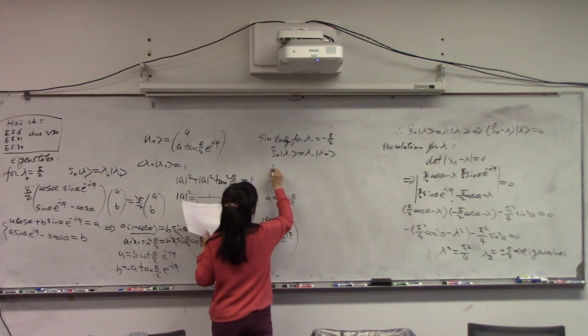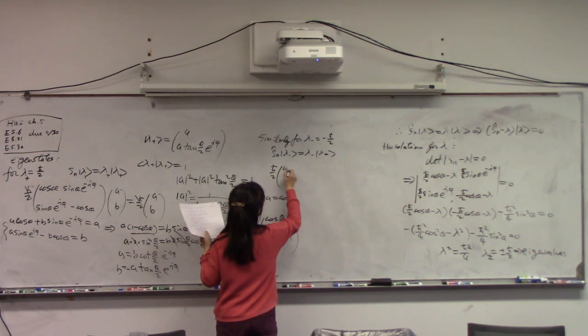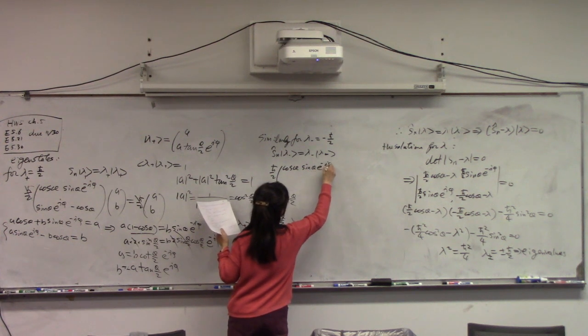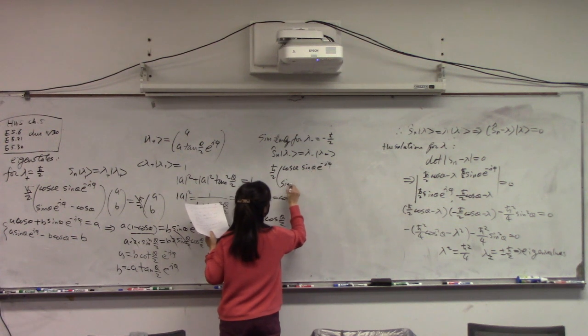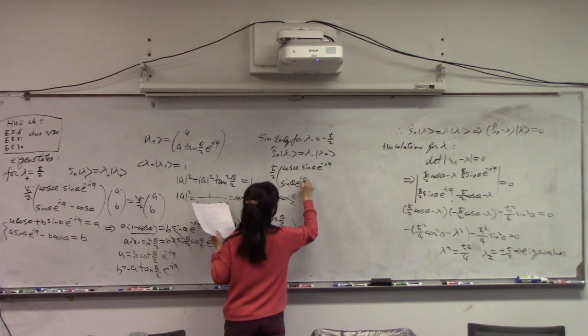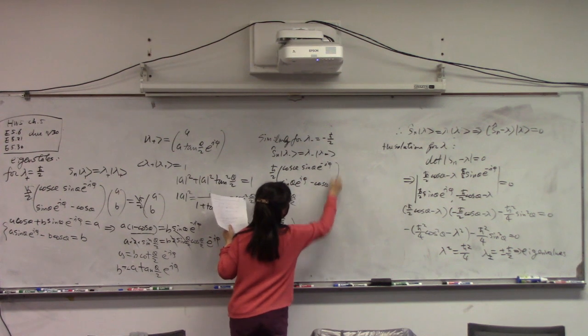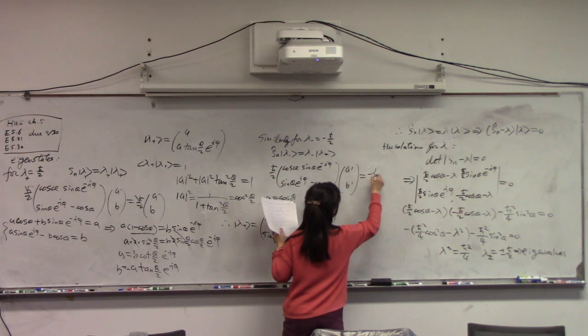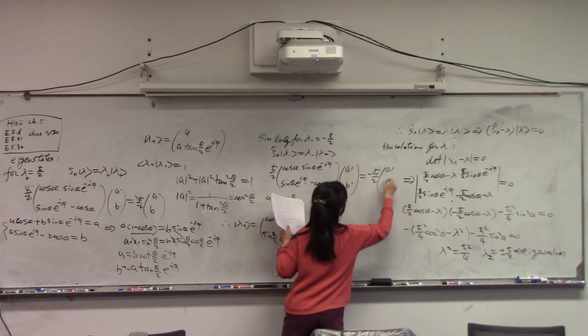And then you have half h bar, cosine theta, sine theta exponential minus i phi, sine theta exponential i phi, minus cosine theta. Here a prime, b prime equal to negative half h bar times a prime, b prime.